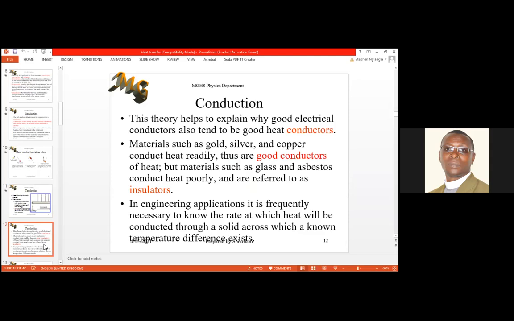And of course, you have materials like gold, silver, copper, which are good conductors of heat. We have glass, asbestos, paper, which are poor conductors. And we refer to those that are poor conductors as insulators.